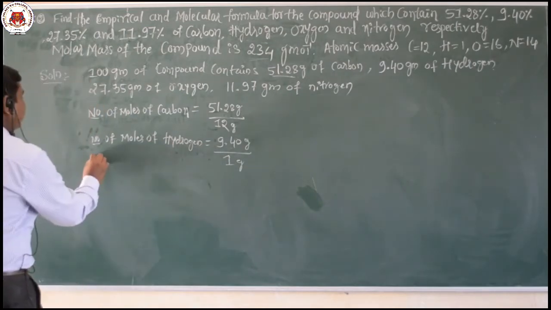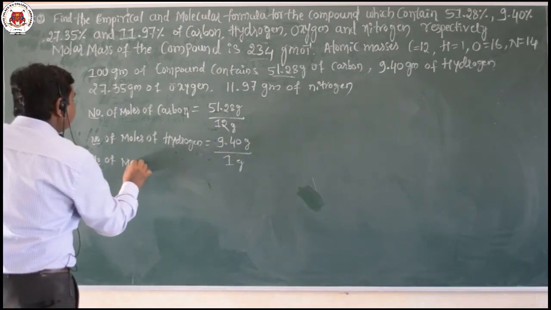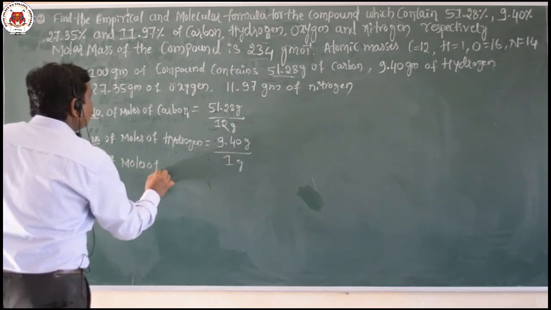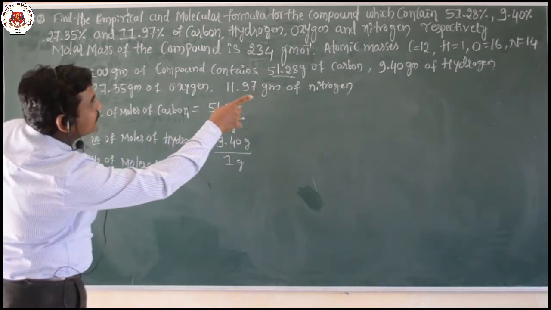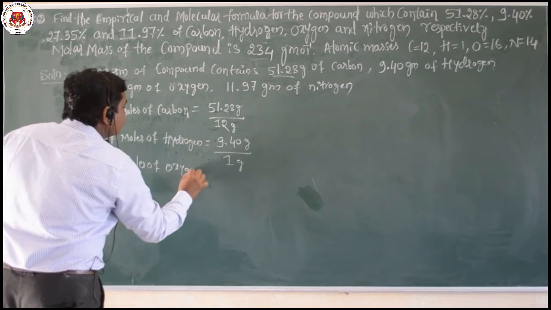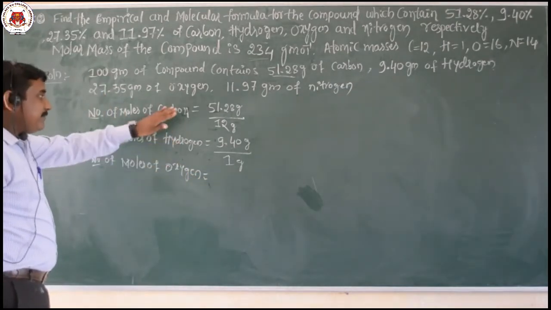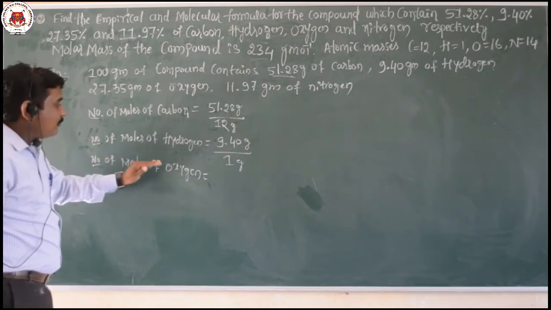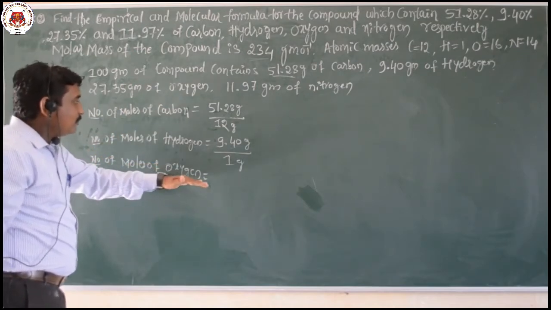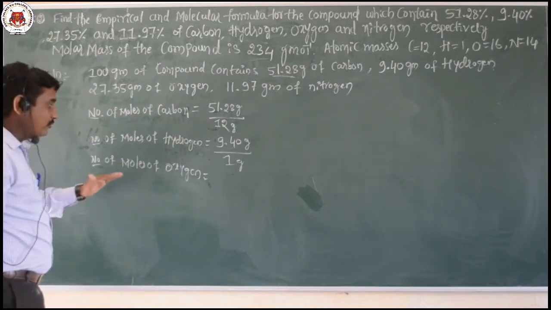Similarly, next one is oxygen. Number of moles of oxygen, in the same manner you have to calculate. The number of moles of an element equals the given weight of the element divided by the atomic mass.